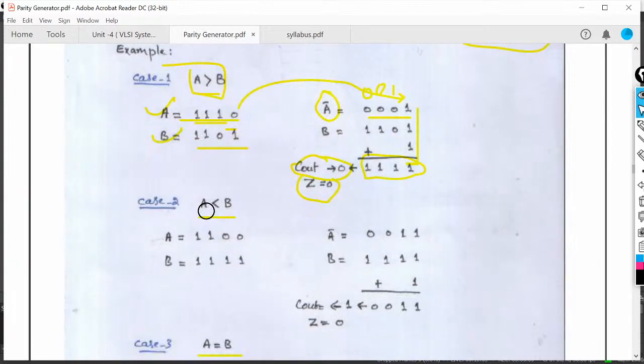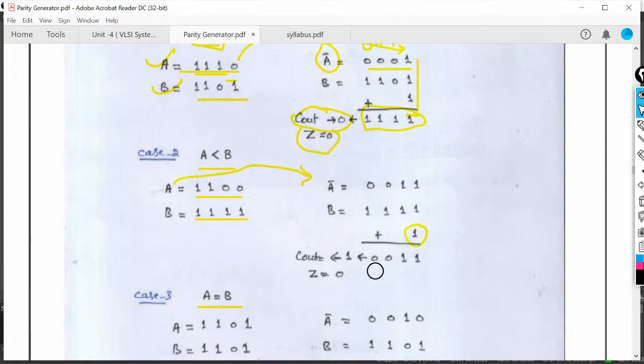Now I am taking the second case, where A is less than B. For checking this we take one example. Here you can see A is less than B. For checking this condition, we have to subtract A from B. For the subtraction I again take the complement and add 1.